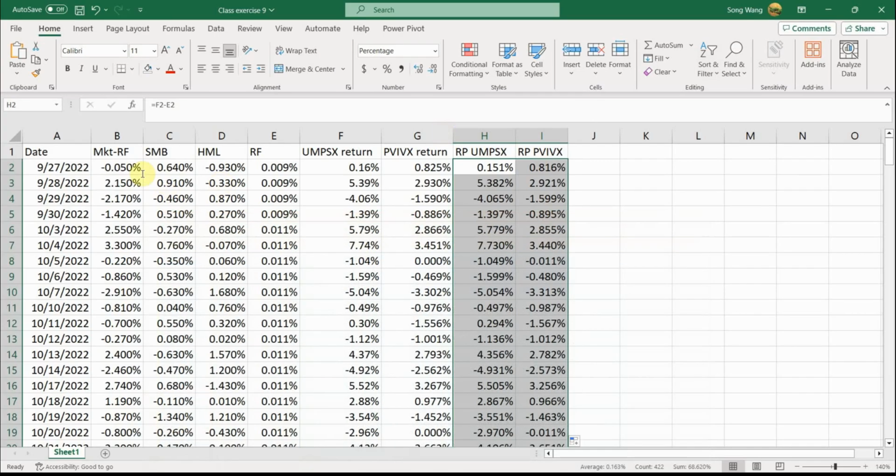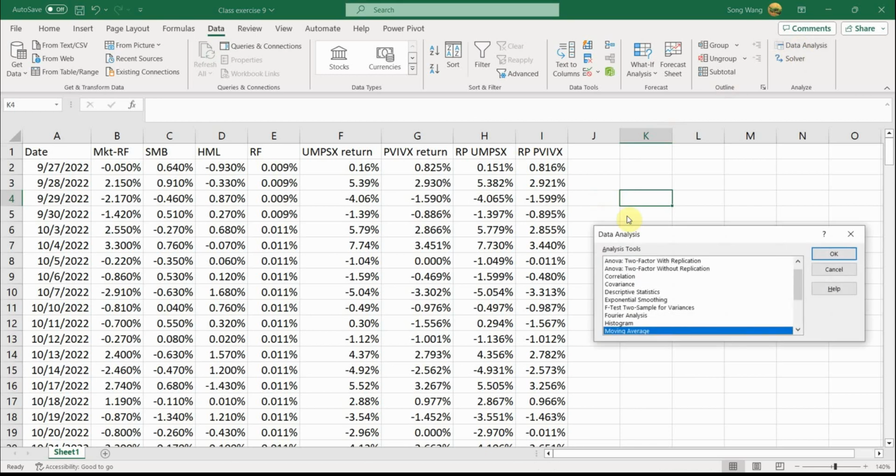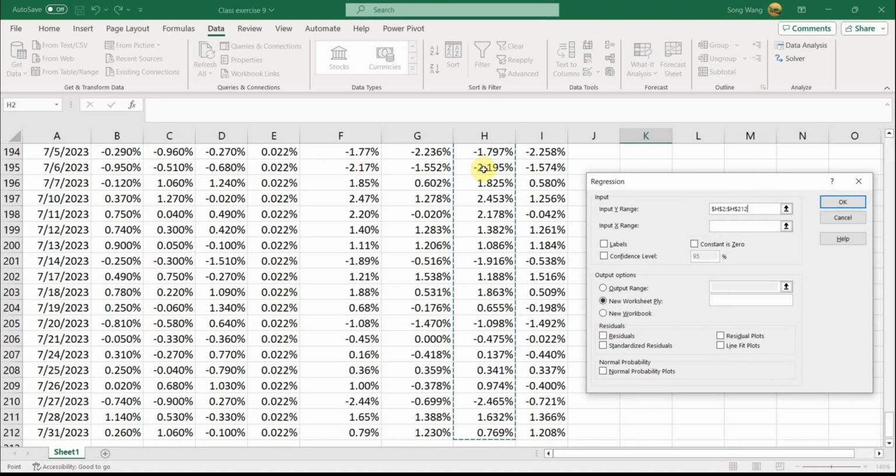These are my data area, and I will conduct regression analysis two times. I will do the first mutual fund regression first. The Y values would be the risk premium of this mutual fund.